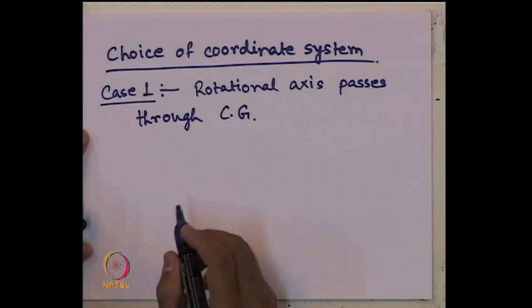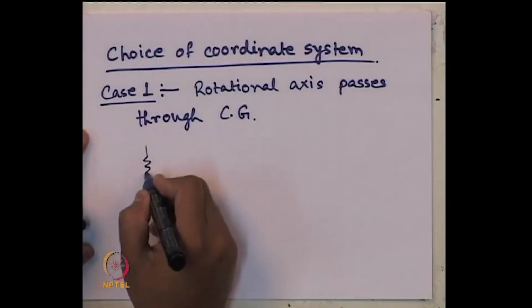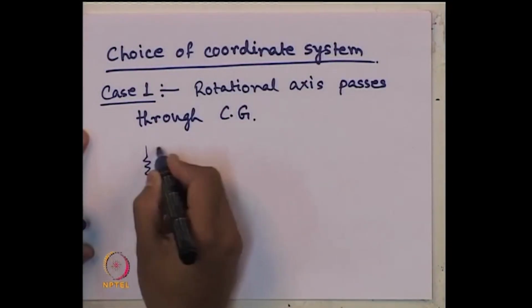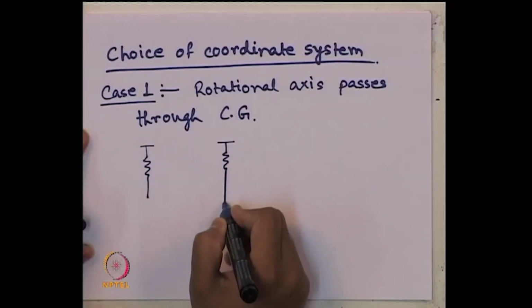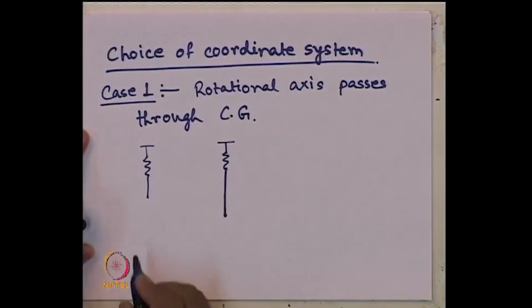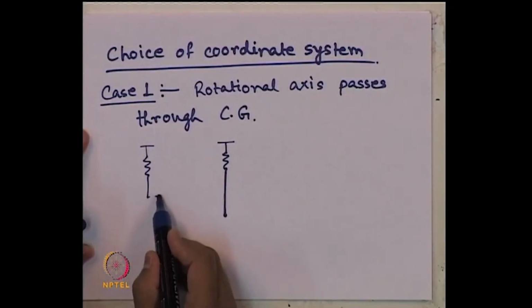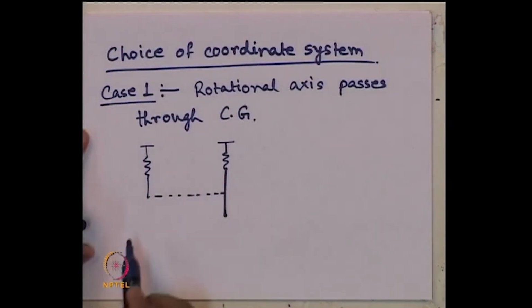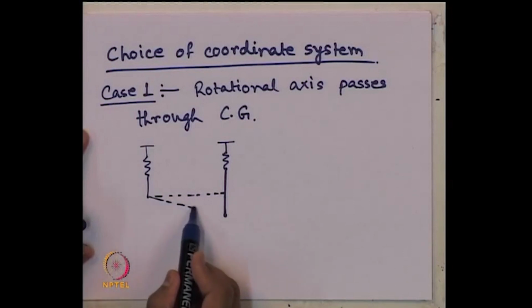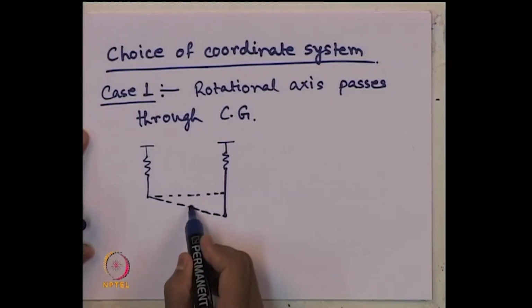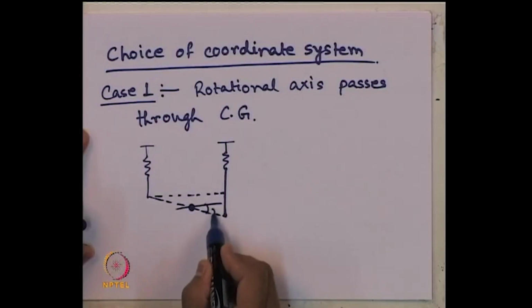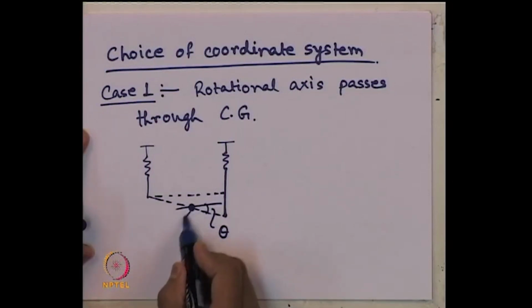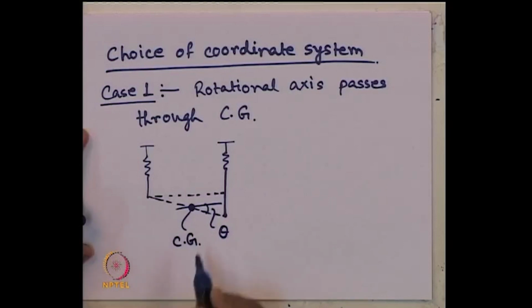What does it mean? If I just draw it like this, what I want to say, the line diagram I am drawing, it has rotated about its CG. So, about the CG its rotation angle is theta. So, this is the center of gravity.